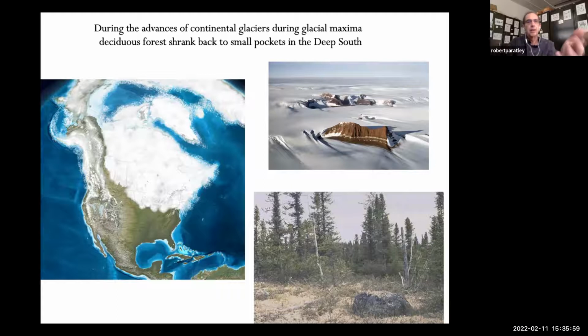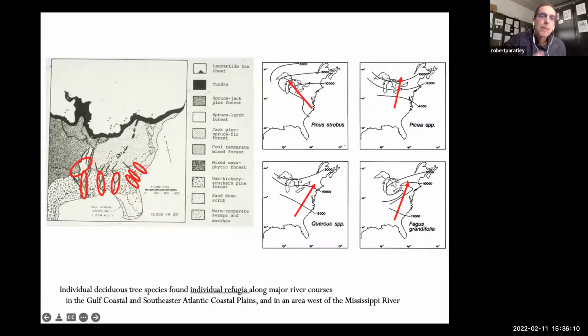So typically, North America for the last 2 or 3 million years looked more like this than what we see today. So what does that mean? Well, it means that the trees that we've been looking at and what we'd see in the Southern Appalachians weren't there during glacial maxima. Where were they? They were in various places.